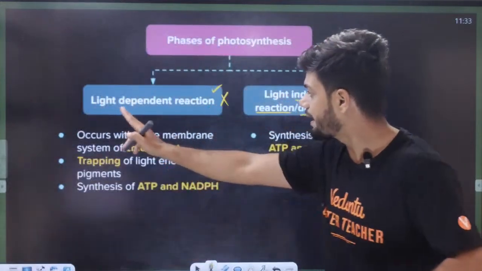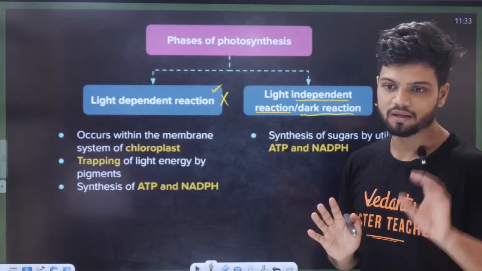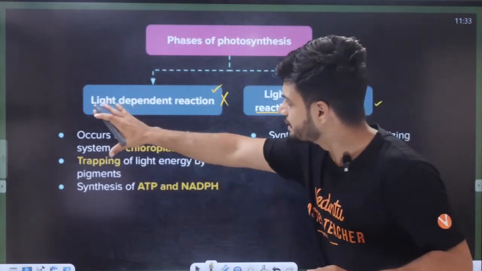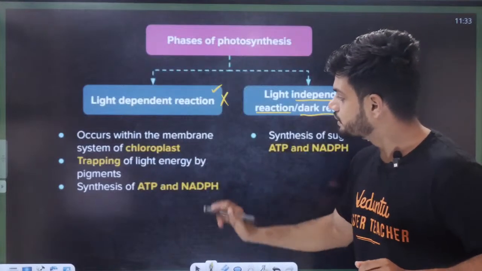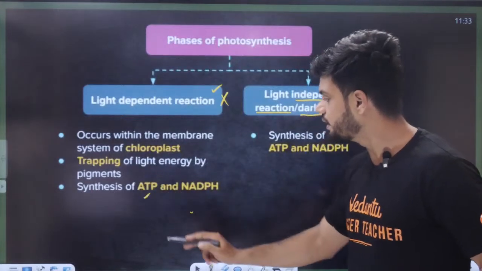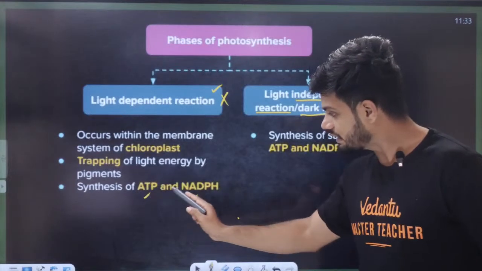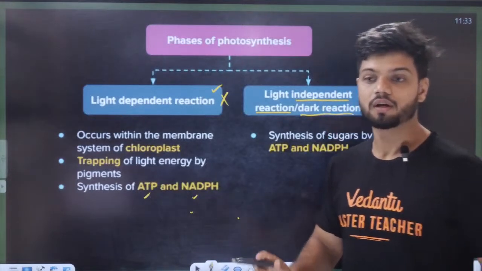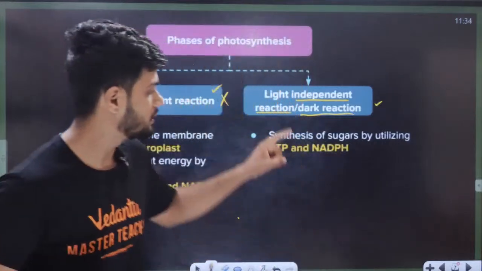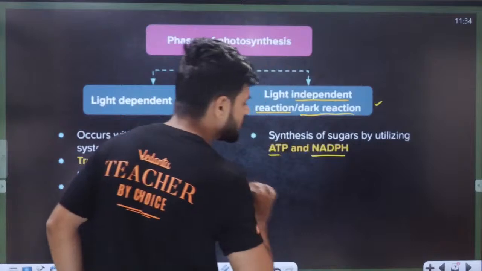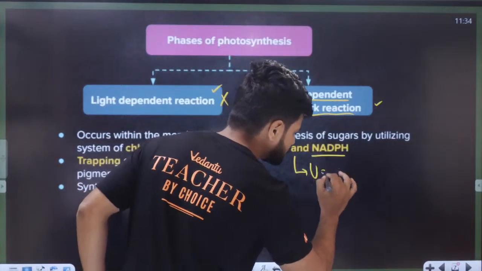Here we have light dependent reaction. Okay, light dependent reaction. Now see this, all of you listen to me carefully. In light dependent reaction, there is formation of ATP, there is formation of NADH. This ATP and NADH are used in your dark reaction.